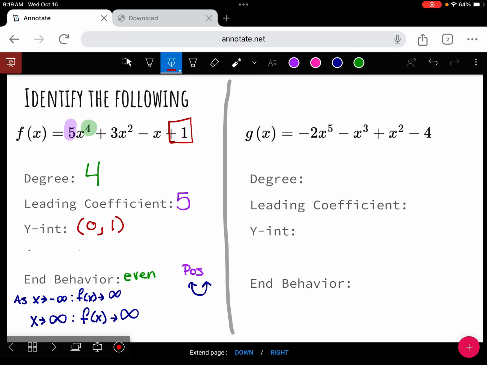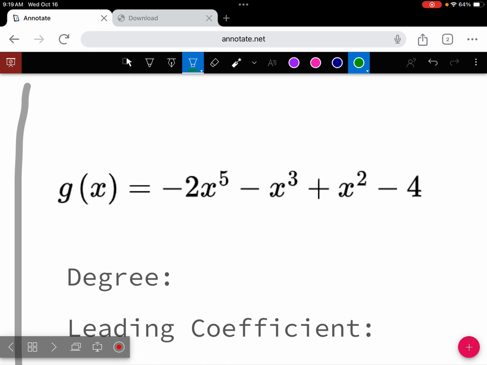We're going to do the same thing for the next one. Now we're going to look at g of x, which is negative 2x to the 5th minus x cubed plus x squared minus 4. Same process. What is my degree? 5.